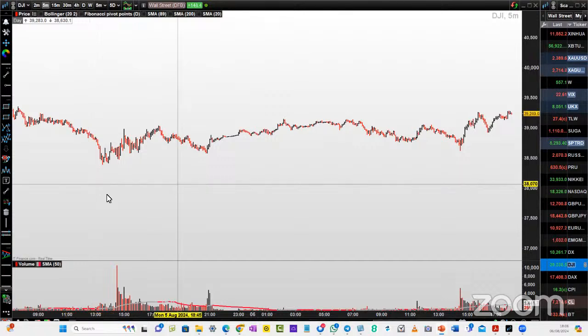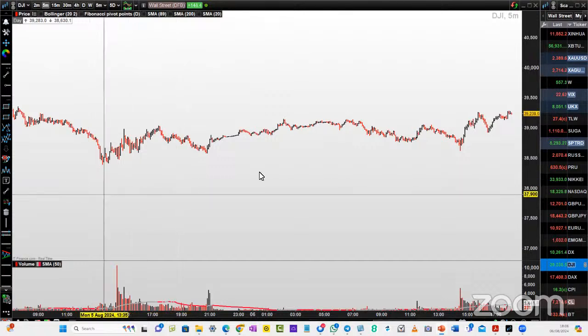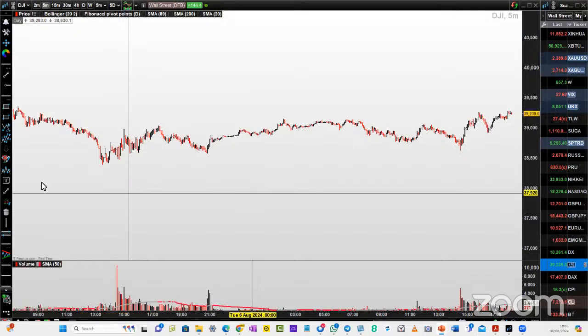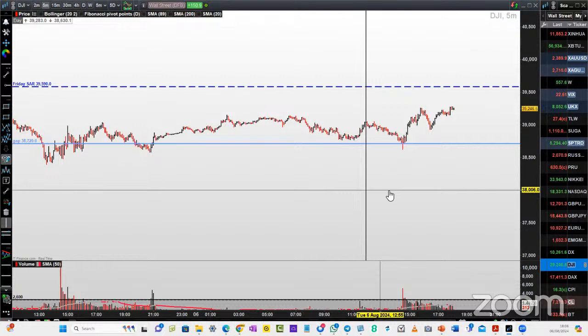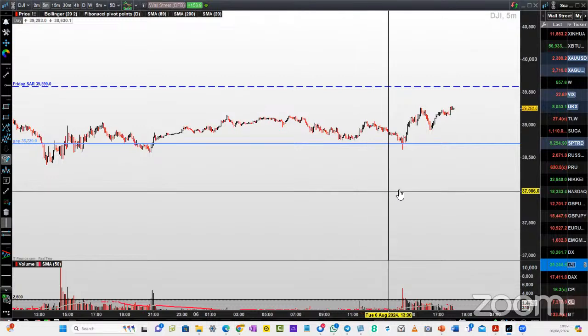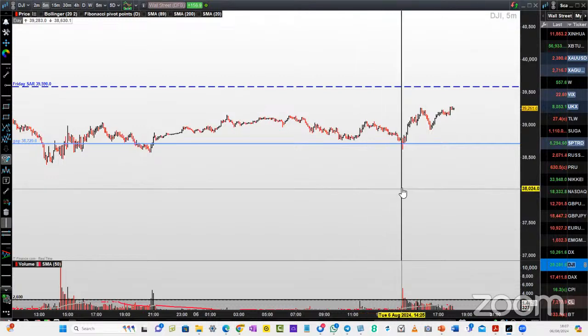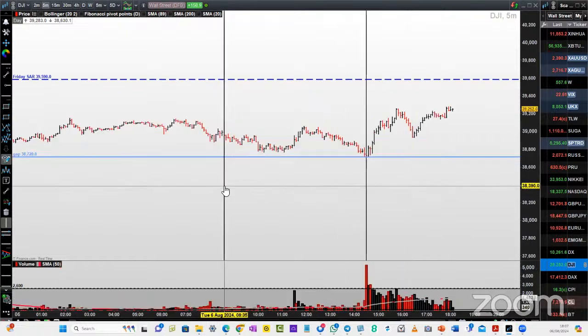Okay, so this is the Dow today. The market kicked off at 2:30 UK time, so that is where we kicked off.